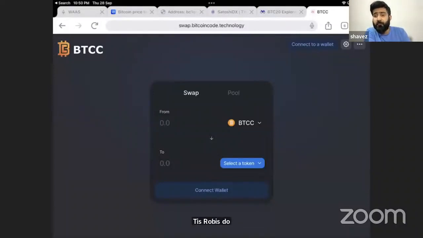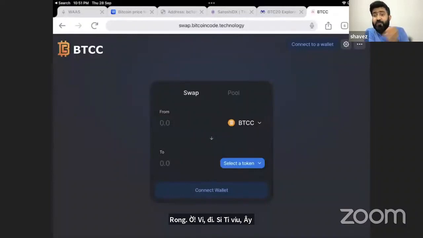And the bridge is Bifrost, the Thor Bifrost. And then once you have bridged your asset into our chain, then you need to swap from wrapped Bitcoin to BFuel, from wrapped Bitcoin to BTCC, from wrapped Bitcoin to USDT, from BTC20 to USDT TRC20, from BTCC to USDT.